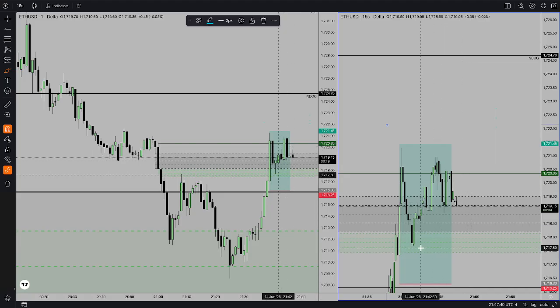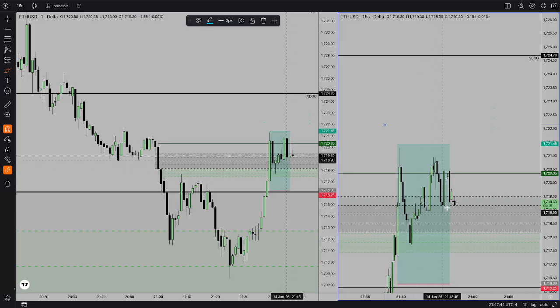For most retail traders, they might see a pattern called a pennant pattern here. We're not those traders. It's actually creating liquidity there. A lot of liquidity there.